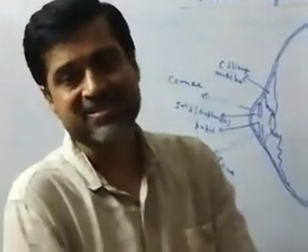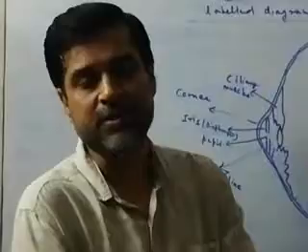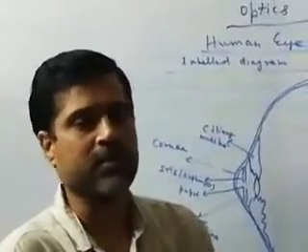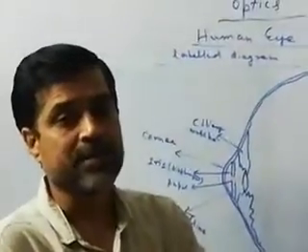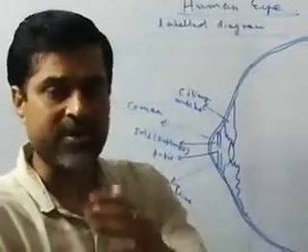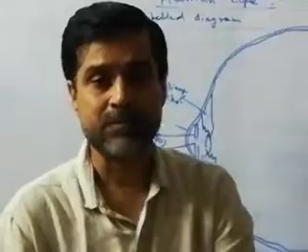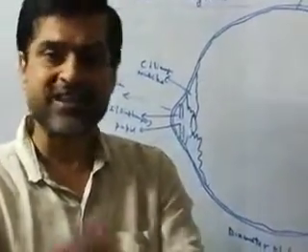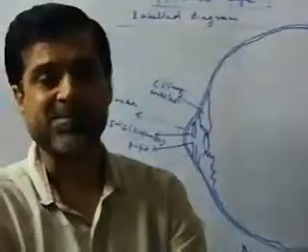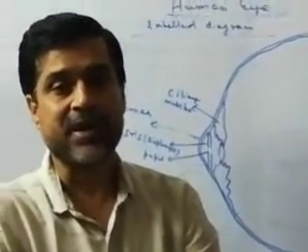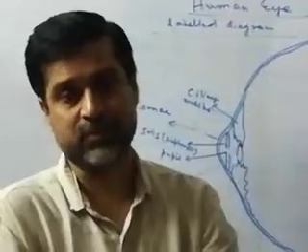Very near means at near point, that is 25 cm for a normal human eye. For normal adult human eye, 25 cm is the least distance. Near 25 cm or less than 25 cm, eye lens cannot focus successfully.